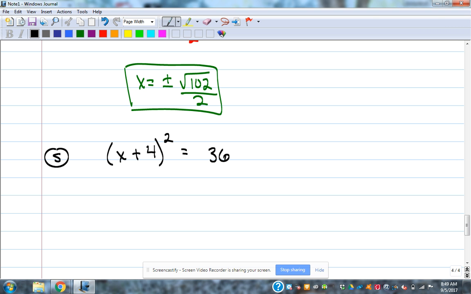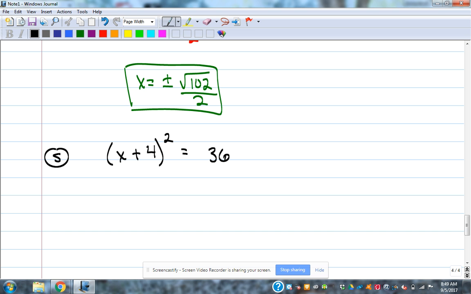So once I have the squared piece by itself, I can take the square root of both sides. And it's going to get rid of the squared on the parentheses. Okay? That's far superior to multiplying that out and then having to get x squared by itself. Because if you multiply x plus 4 times x plus 4, you get x squared plus 8x plus 16.